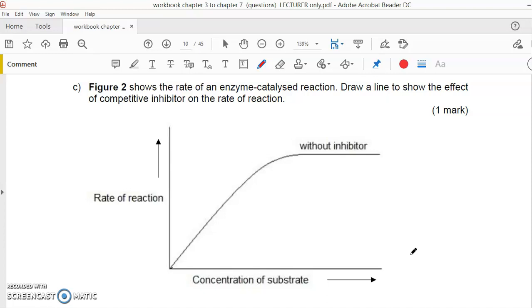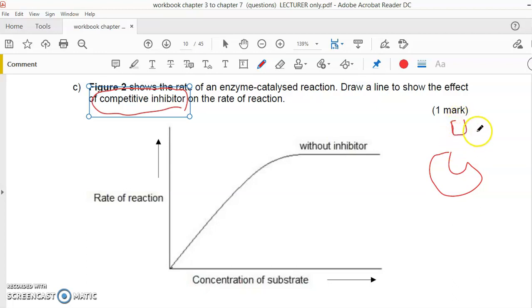So in this case, when we talk about a competitive inhibitor, we are talking about an enzyme that will face two kinds of binding.